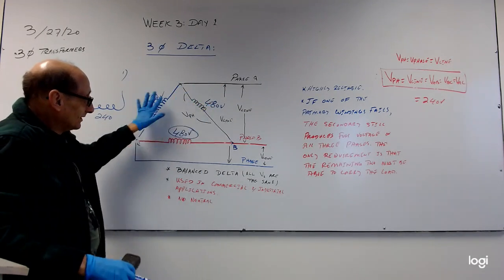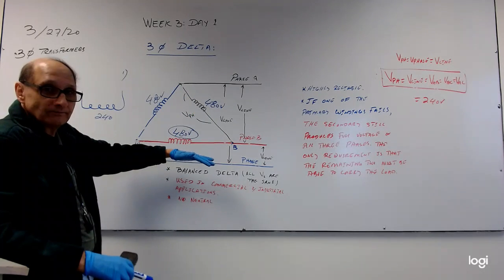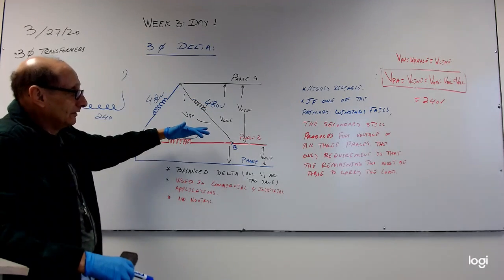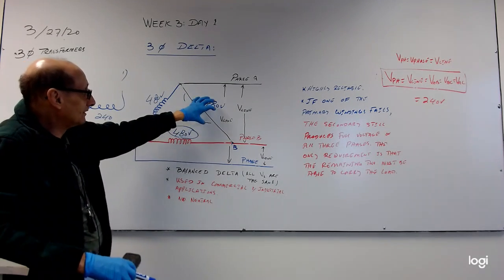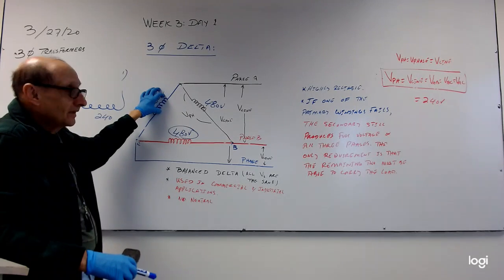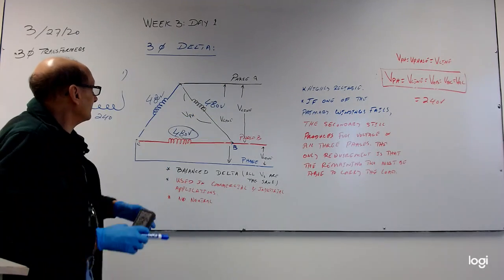So in this triangular shape, where there is no neutral, because later on we are going to introduce neutral, the voltages across each phase are equal, and the same voltage appears across these 2 terminals.